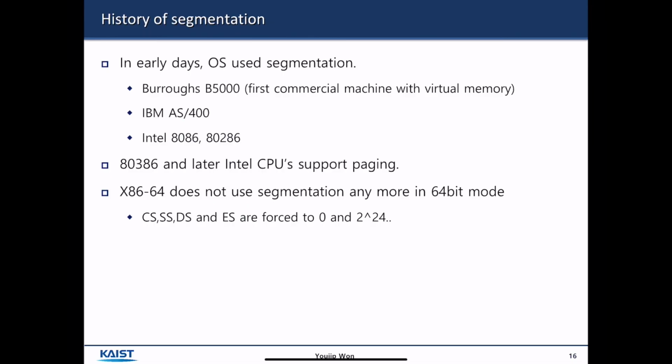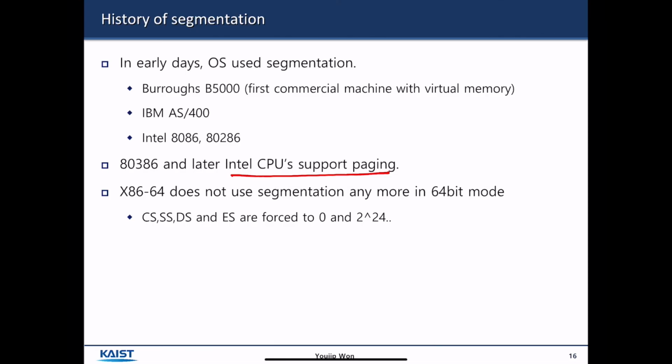Segmentation has a long history. In early days, computer systems relied on segmentation to implement virtual memory: Burroughs B5000, IBM AS/400, and the Intel architectures 8086 and 80286. Starting from the 386 and later, Intel started to support paging.